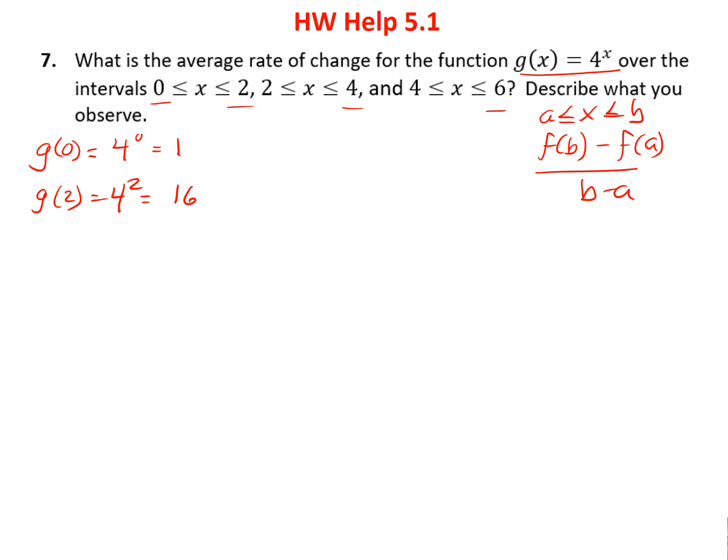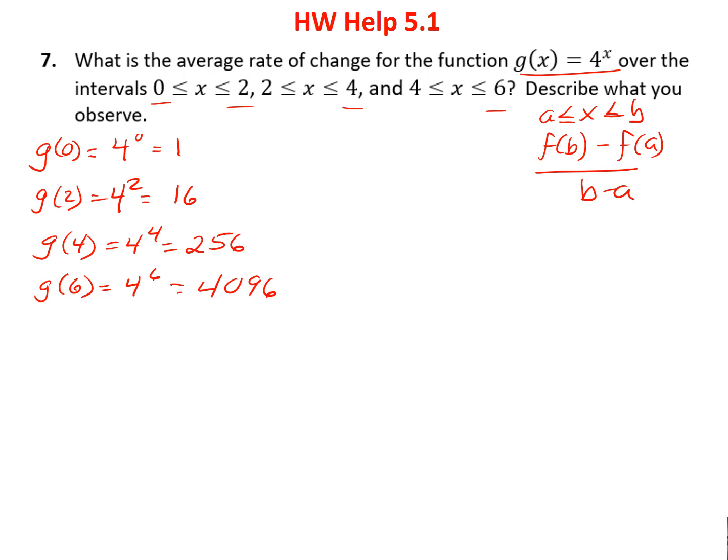And then g of 4 is going to be 4 to the 4th power. Let me take my calculator real quickly. That's going to be 256. And then g of 6, 4 to the 6th power, is going to be 4,096.